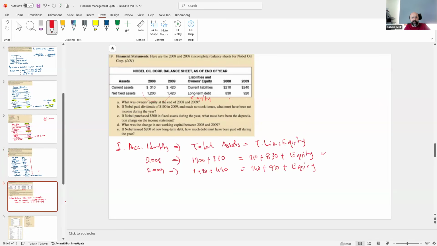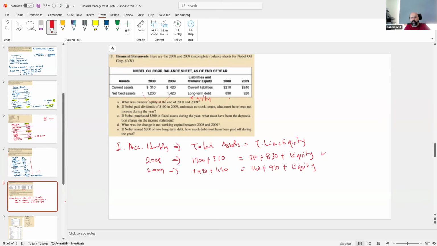So then B, it says, if Noble paid dividends of 100 in 2009 and made no dividend issues, what must have been net income during the year? So we need to calculate these two figures. Let's do it.